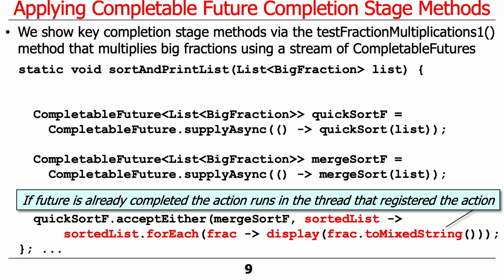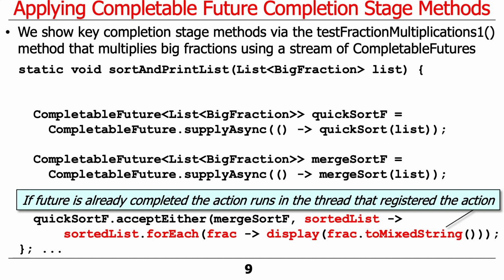Now, a little interesting tidbit of trivia here. If by the time we get to this point, the completable futures have already completed, which is probably unlikely if you have a big list, but it might happen, then this action here that prints out the results will typically run in the thread that registered the action. In other words, it's going to run in the calling thread.